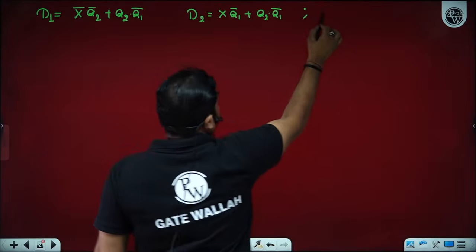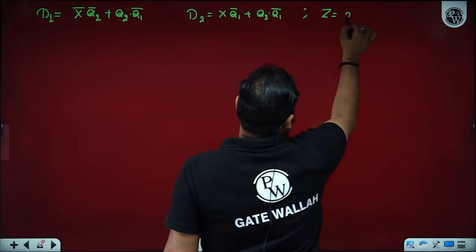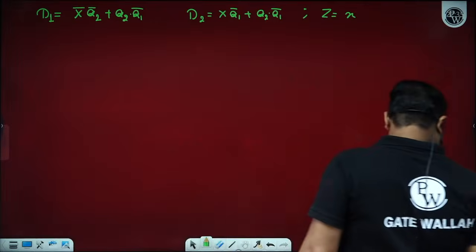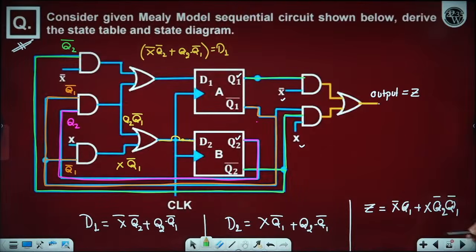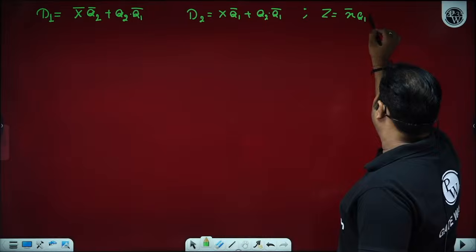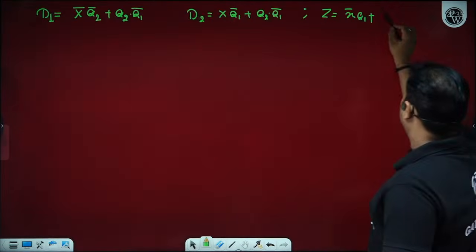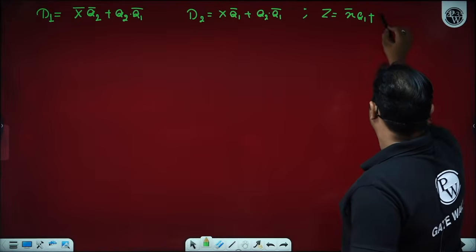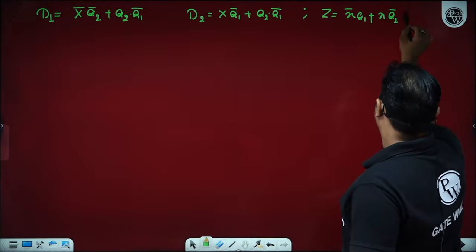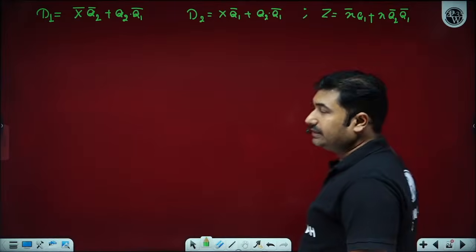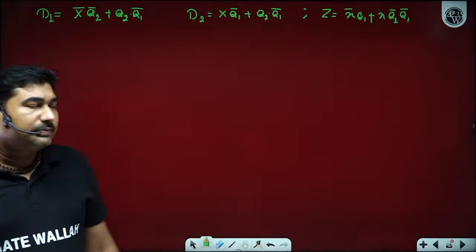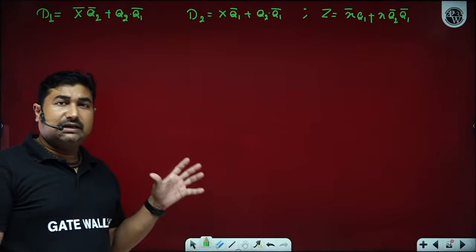And the output function Z is X bar Q1 plus X Q2 bar Q1 bar. Is it okay? Now please observe very carefully, I am going to design a state table.